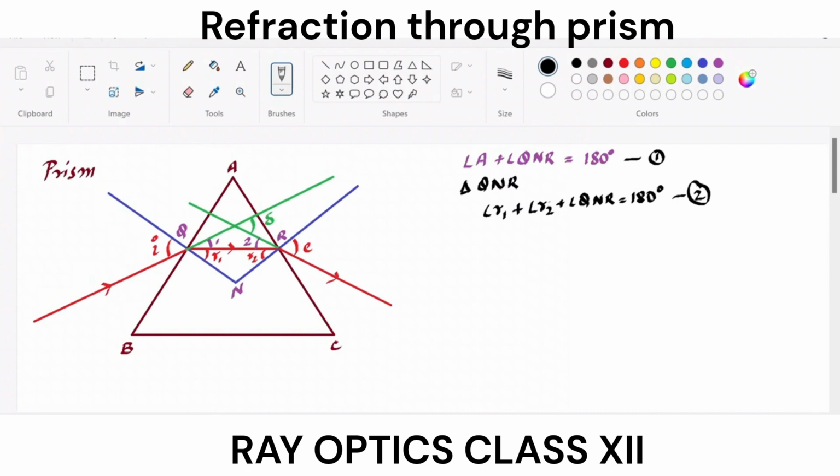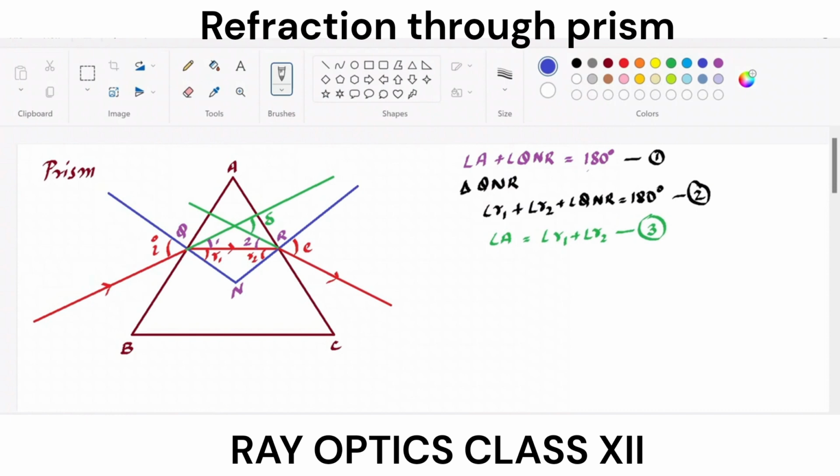So what can we say? We can say that angle A must be equal to angle R1 plus R2. Let me repeat, if I compare equation 1 with equation 2, then right hand side both has 180 degree. One factor is Q and R, so the other factor must be equal. Angle A is equals to angle R1 plus angle R2. This is your equation number 3. Very important. We will make use of it later.